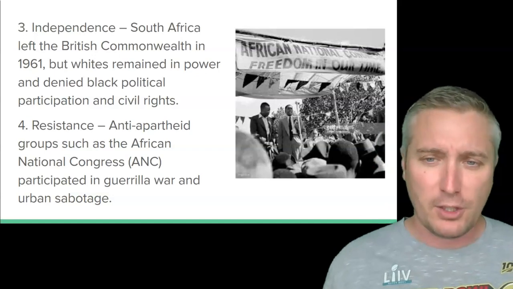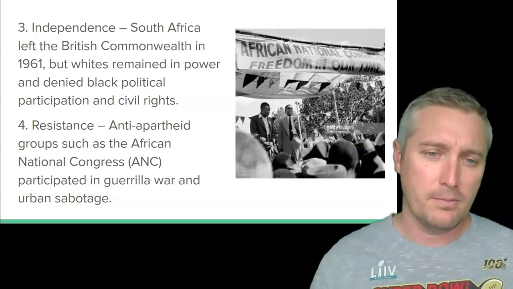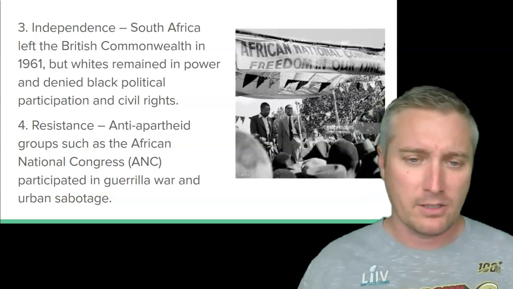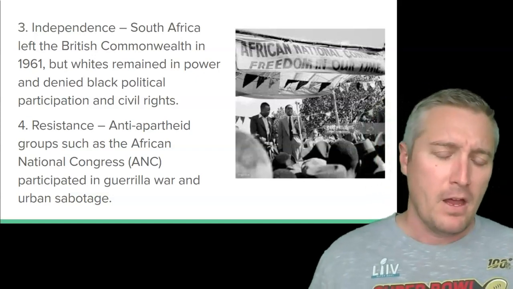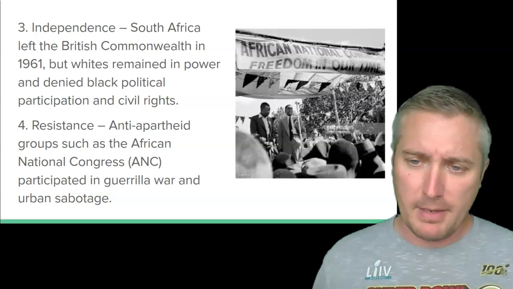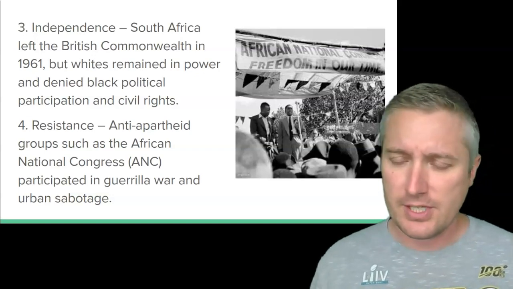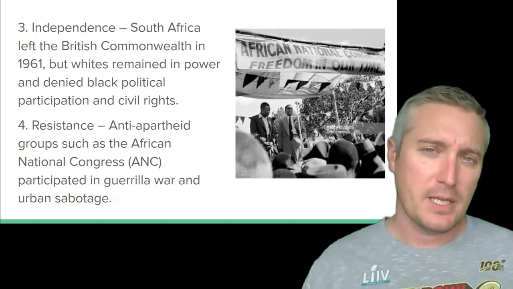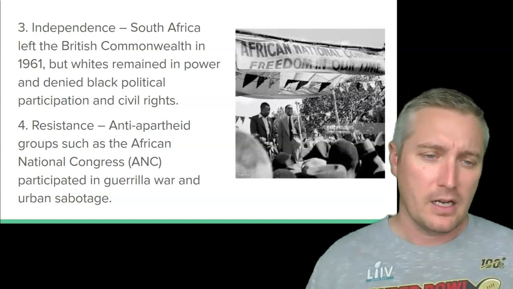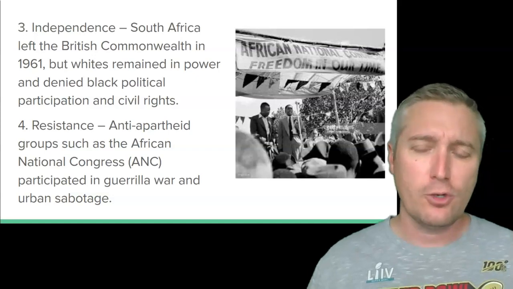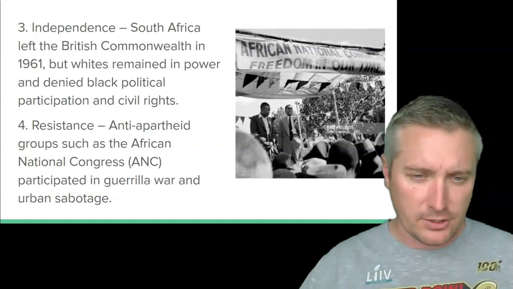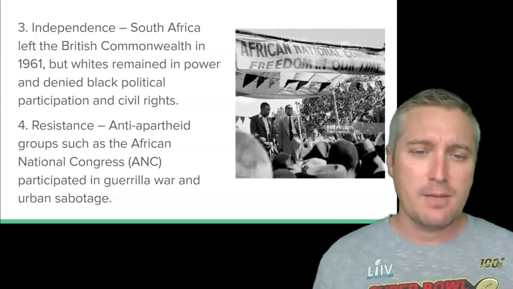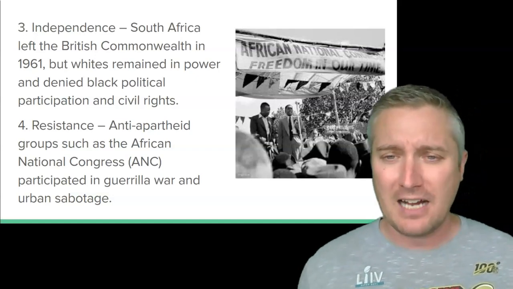That does not mean that there wasn't resistance. The people within South Africa, in both nonviolent and violent manners, began to fight back. We're going to talk really quickly about the African National Congress. This has kind of remnants of what we saw happen in India as they began to push for independence. But the ANC is going to stay a part of this story until the very end. The ANC becomes at first kind of an activist group.